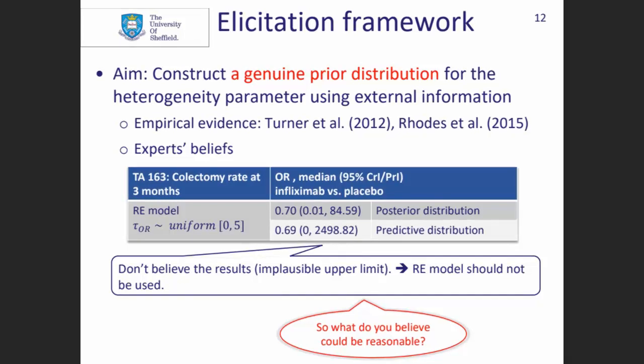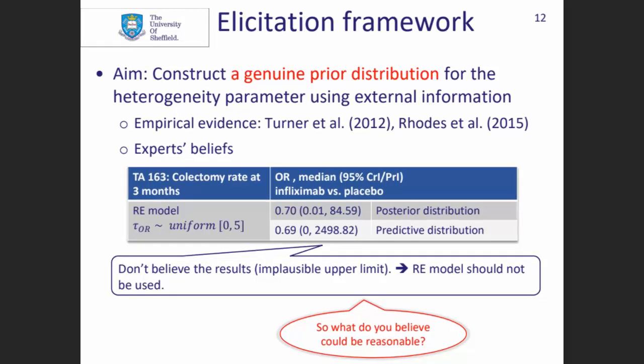So now I'm going to show you how to use elicitation to construct a prior distribution for the between study heterogeneity in the case of sparse network to improve the precision of the treatment effect estimates. So the aim here of the elicitation is to construct a genuine prior beliefs for the parameter representing heterogeneity using external information.